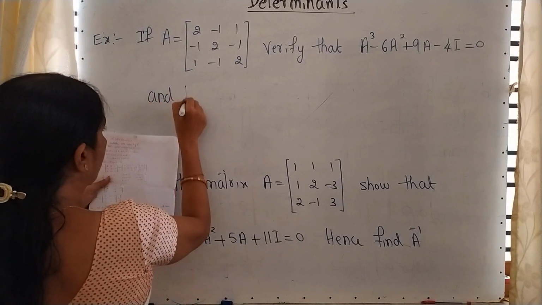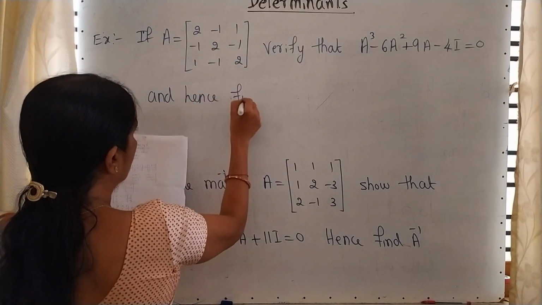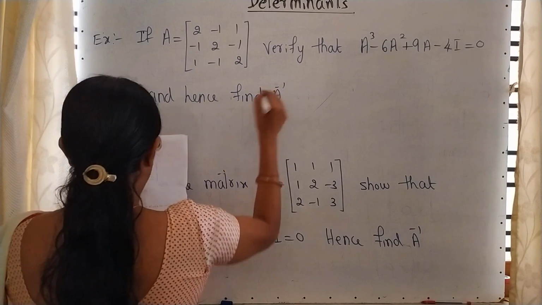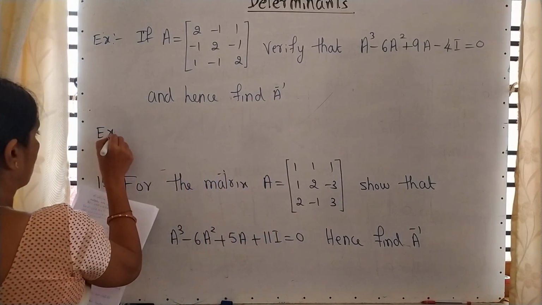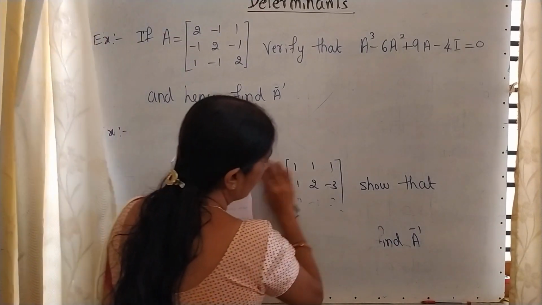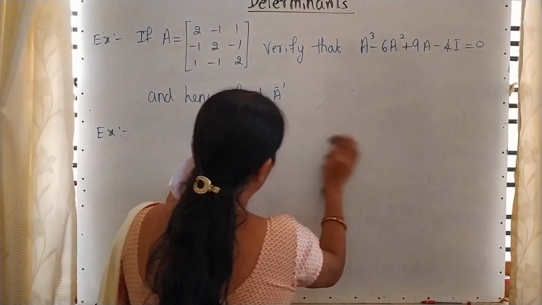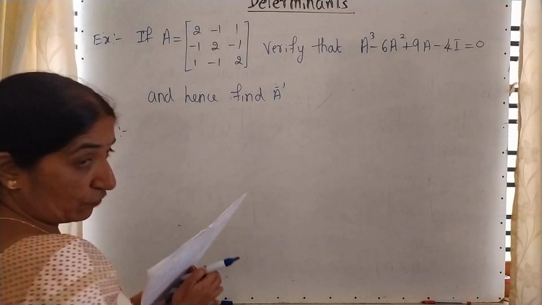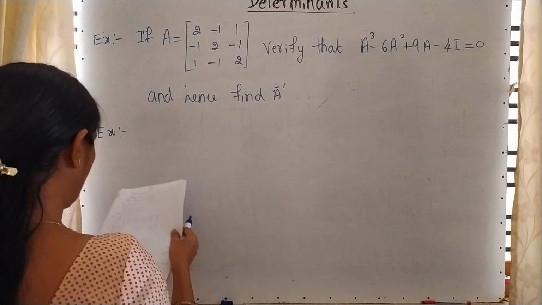And hence find A inverse. Next question. This is also an assignment question. See, why I am giving you assignments: I just want to make you perfect in calculation of multiplication of matrices, because the questions are for 5 marks.